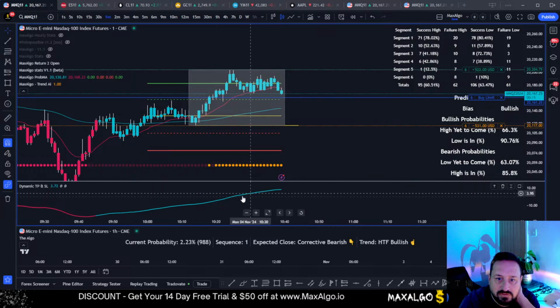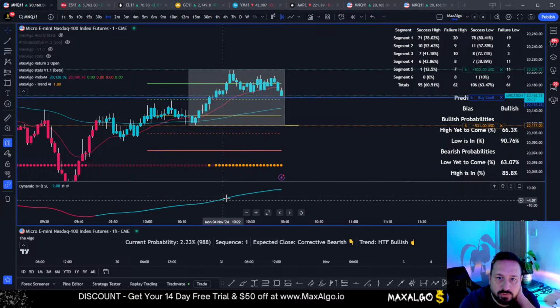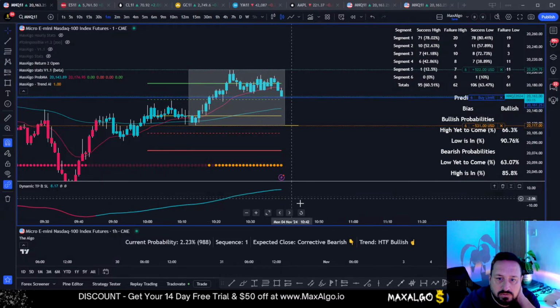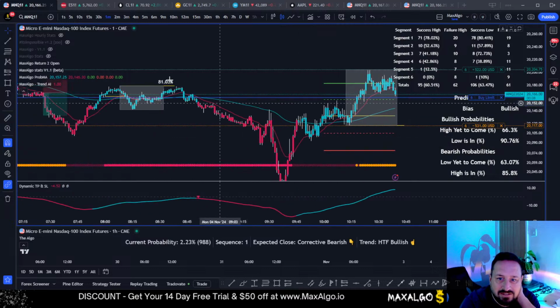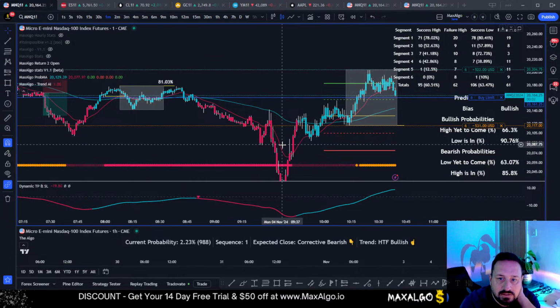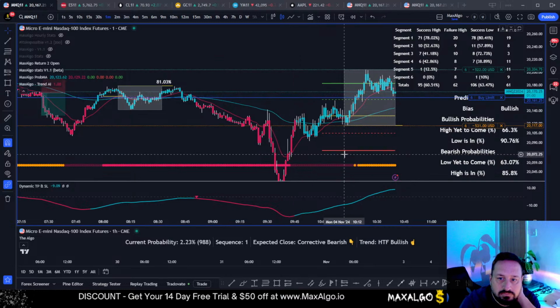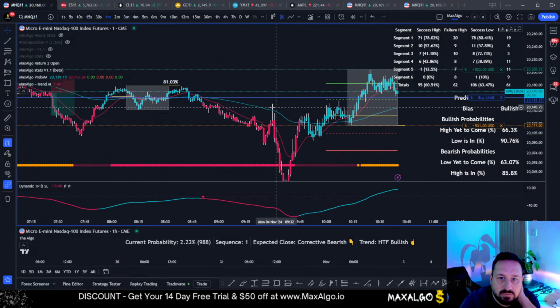Coming above is good for bullish. Coming below is bad for bullish. Obviously, right now, this isn't really ideal because we haven't fully transitioned. But we've taken the previous hour's high.